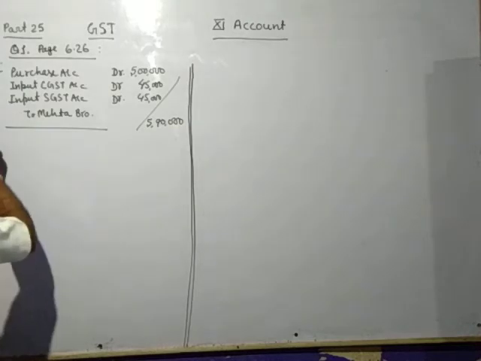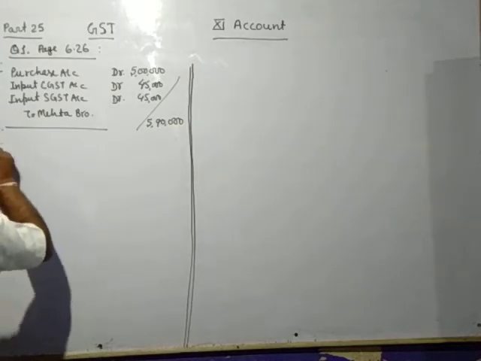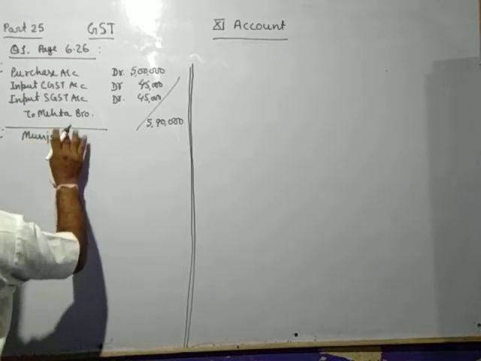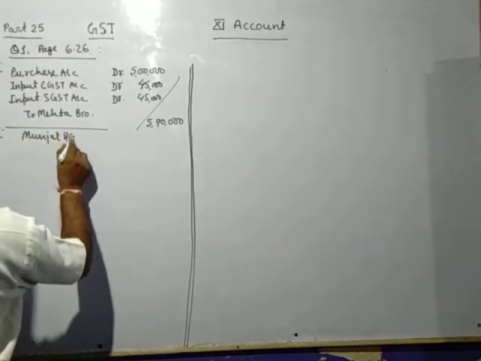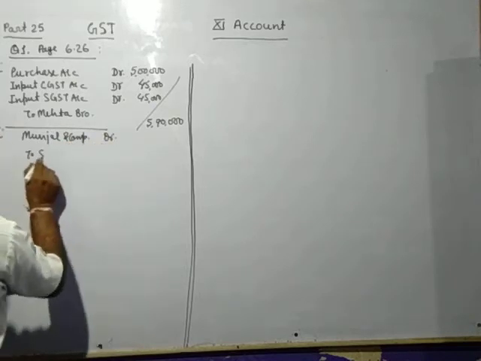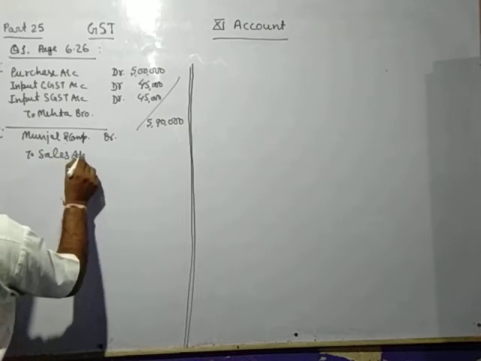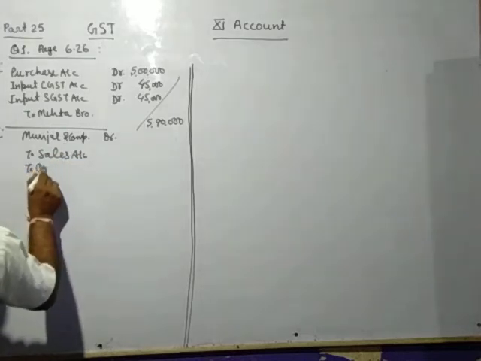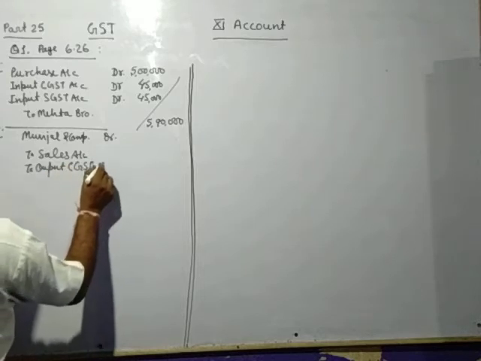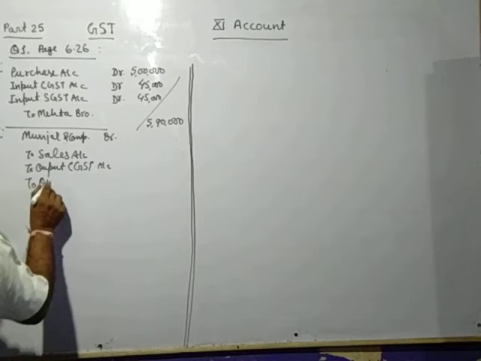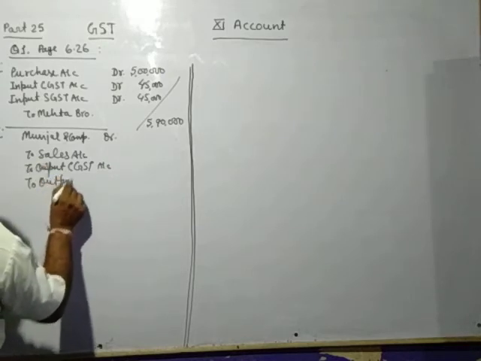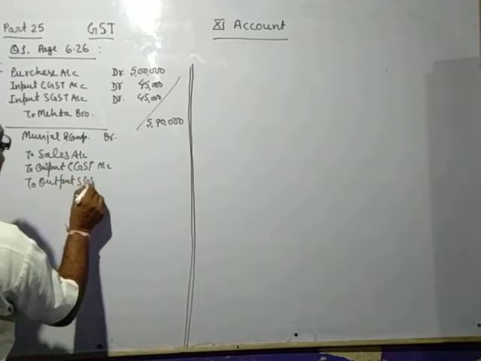Now, sold goods for rupees 8 lakhs to Munjal and Company, date 10 March. So Munjal and Company debit, to sales account, to output CGST and to output SGST.